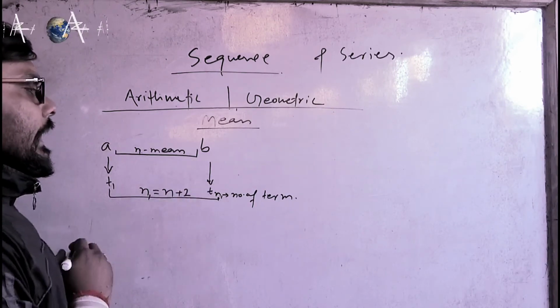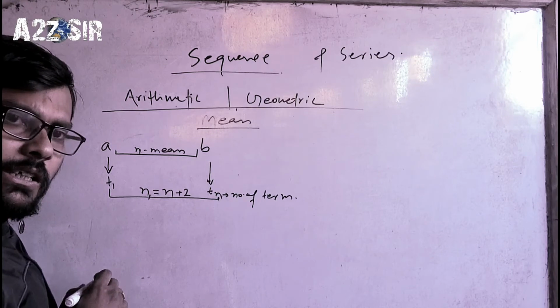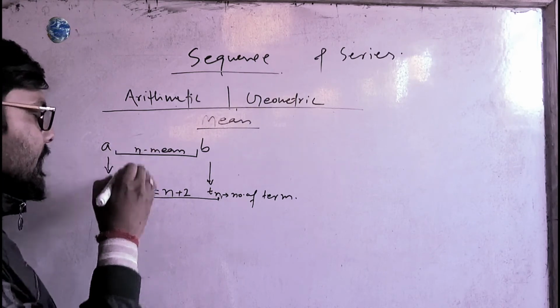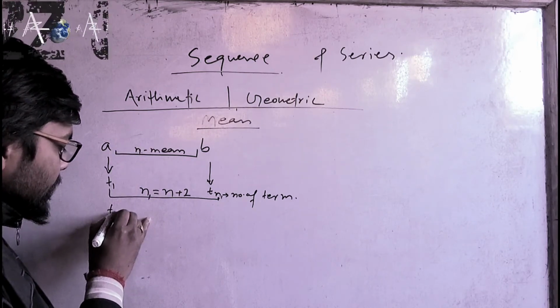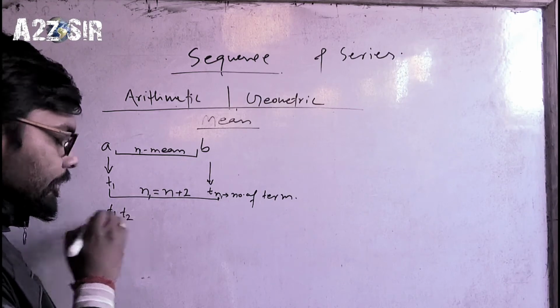So in this way A and B are the first and last, and then you go for the first mean, and the first mean starts from the second term.